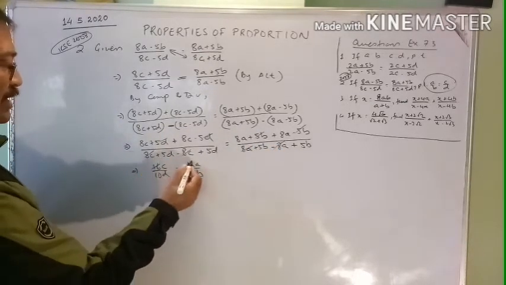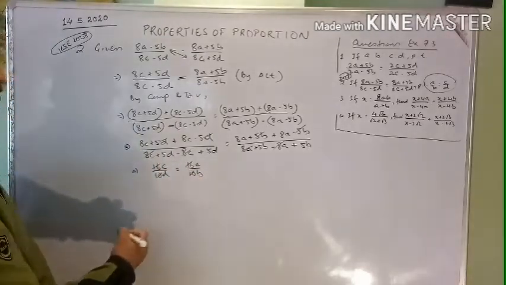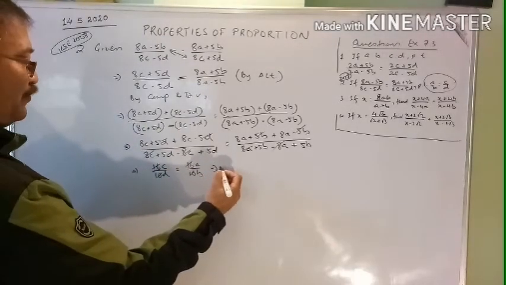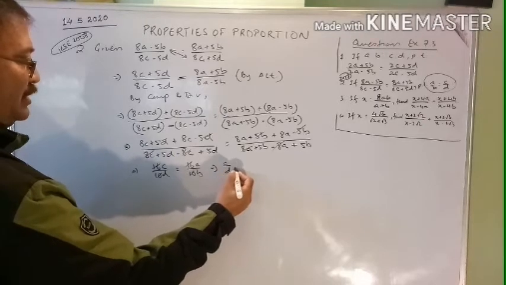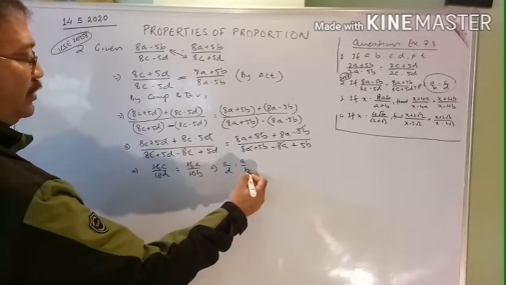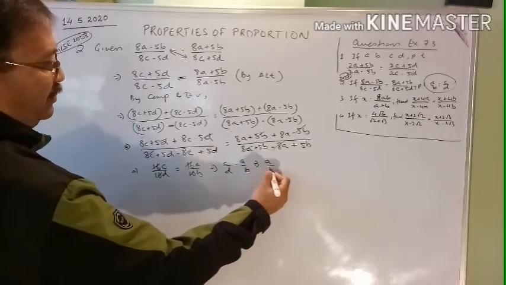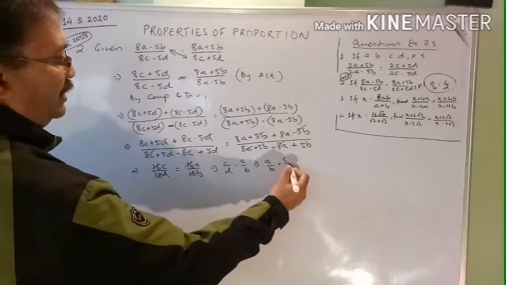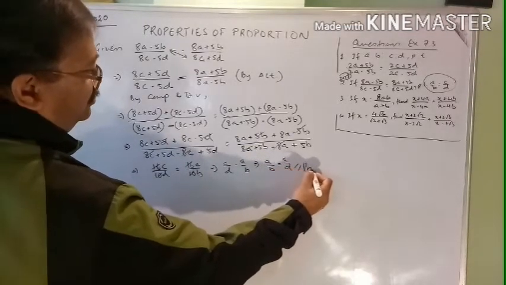So this 16 can be cancelled from both sides, 10 also cancelled from both sides. So what we get? C by D is equal to A by B. This implies A by B is equal to C by D. So it is proved.